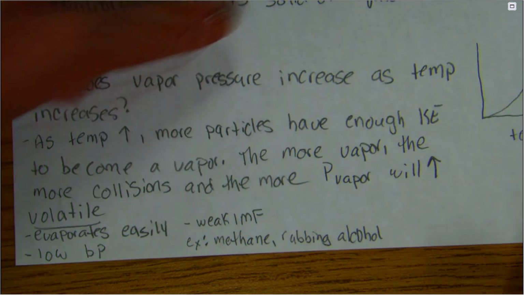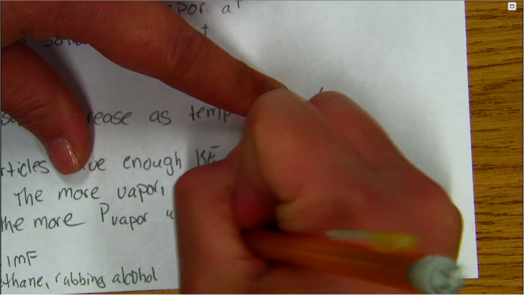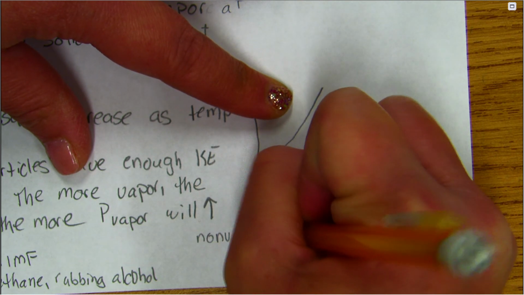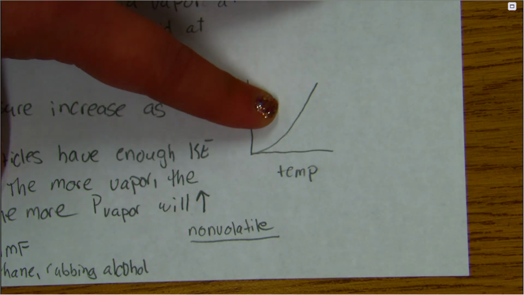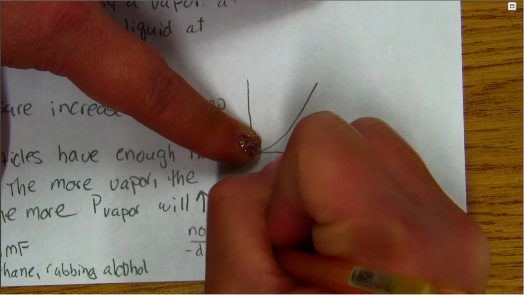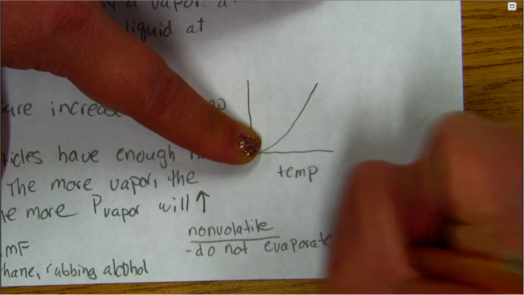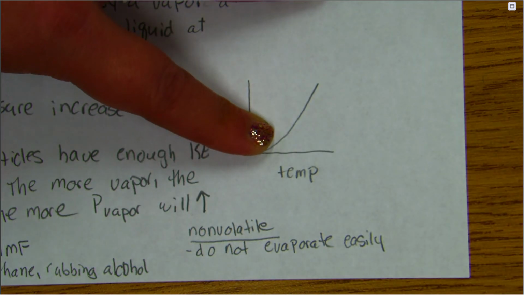The opposite of volatile is non-volatile. These substances do not evaporate easily. Therefore, they have a high boiling point.